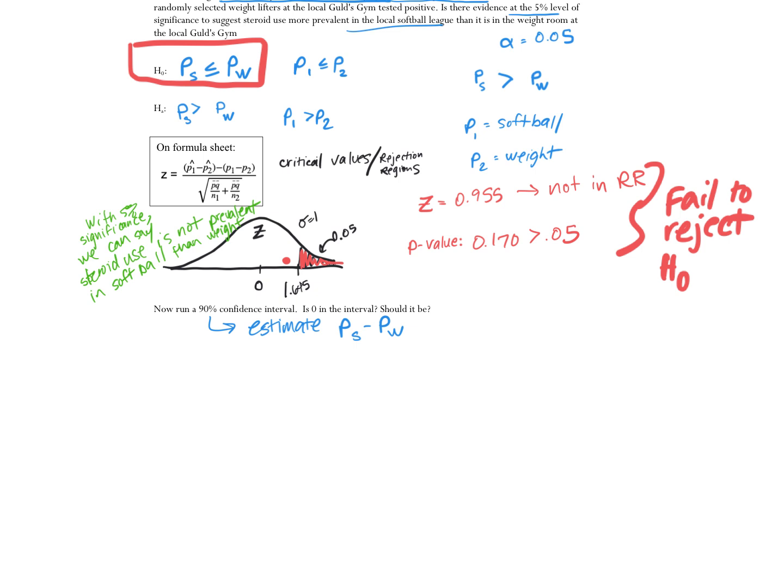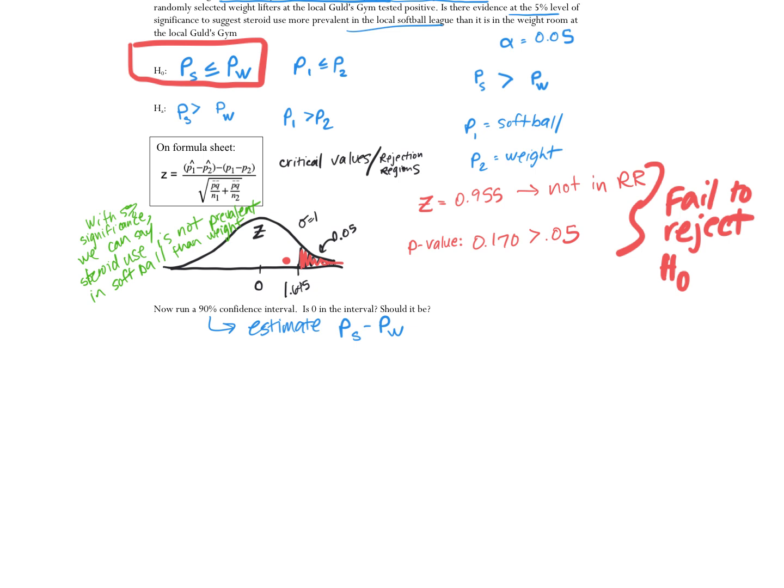So remember, confidence intervals create an estimate. They tell us we think the population value is somewhere in between these two numbers. That's what a confidence interval does. So the actual true value we're trying to estimate is the difference between the two groups, okay?